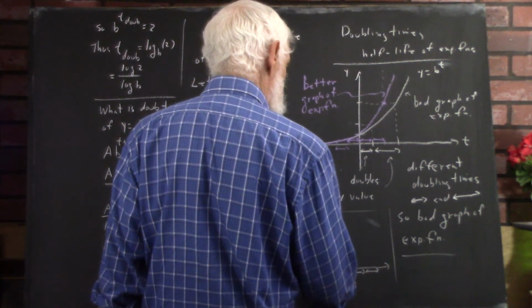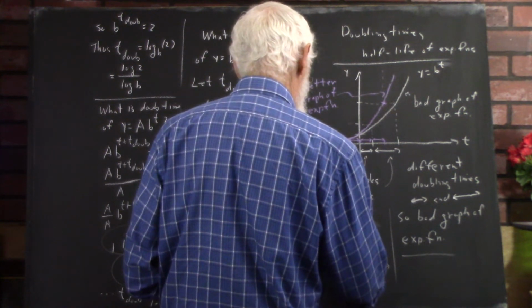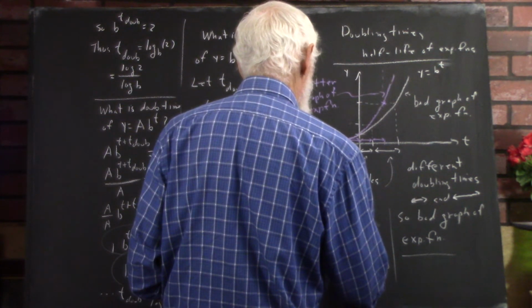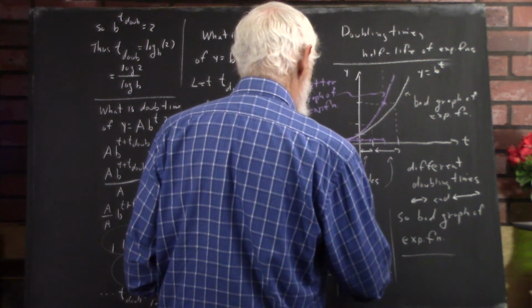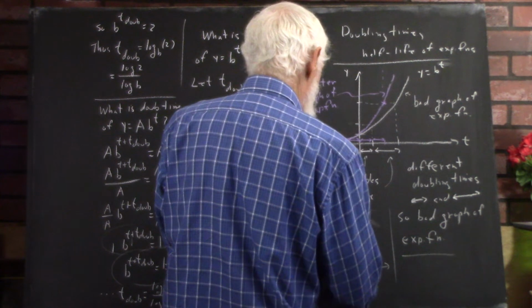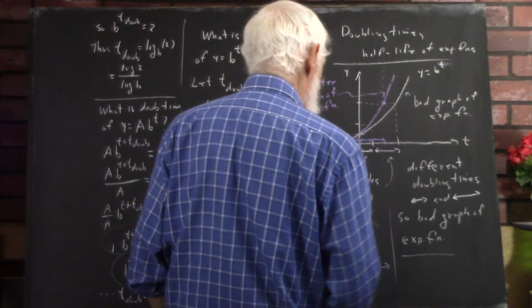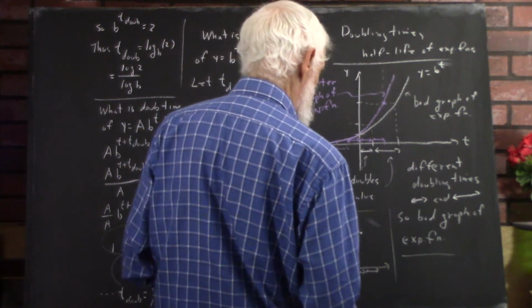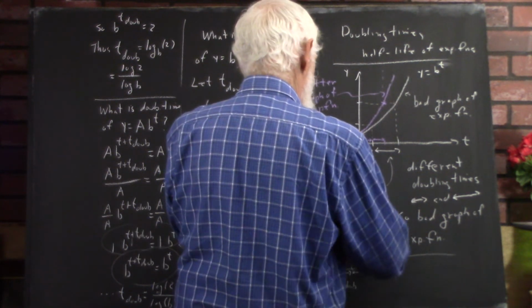And I know that for this value of x, it's going to be twice as big as this, so I can double this, and I get this point. Then if I go over to here, I'm going to double this value, which will bring me up to here, and I'll get this point. And if I go over to here, it doubles again, which brings it all the way up to here.